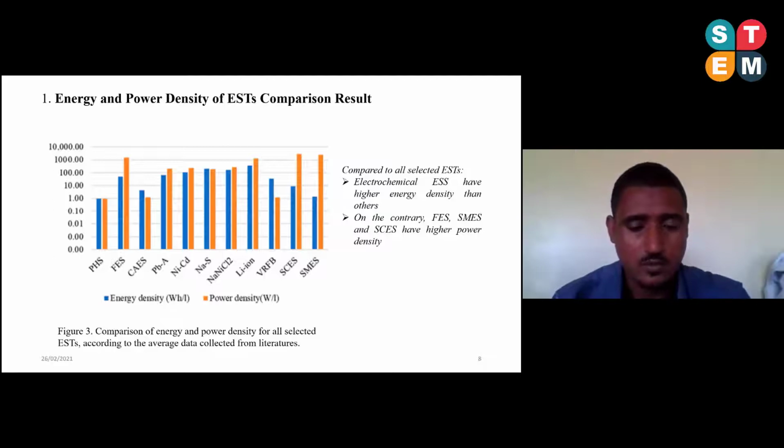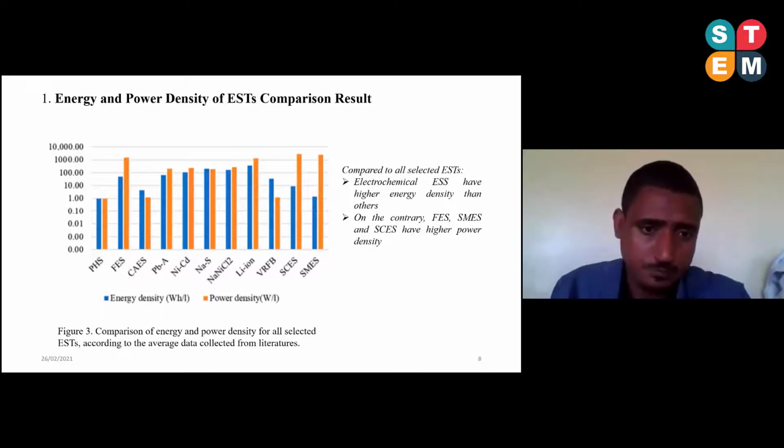So as I said, lithium ion is best suited for grid level because of this and other characteristics of the energy storage types. When we come to the power density, as you see from the slide again, flywheel energy storage, supercapacitor energy storage, and superconducting magnetic energy storage have higher power density than others.